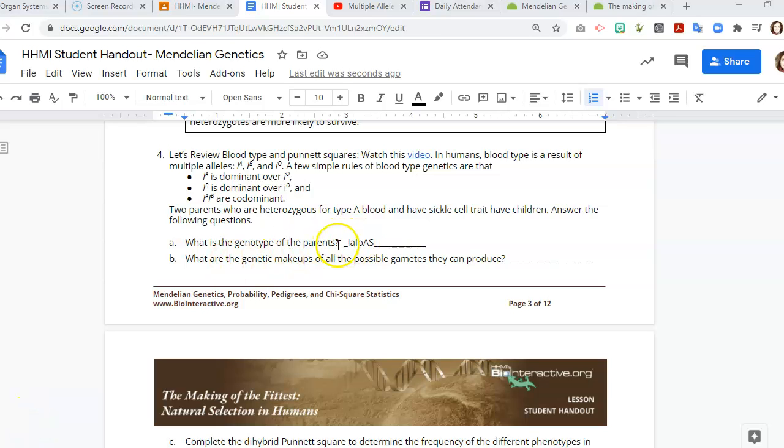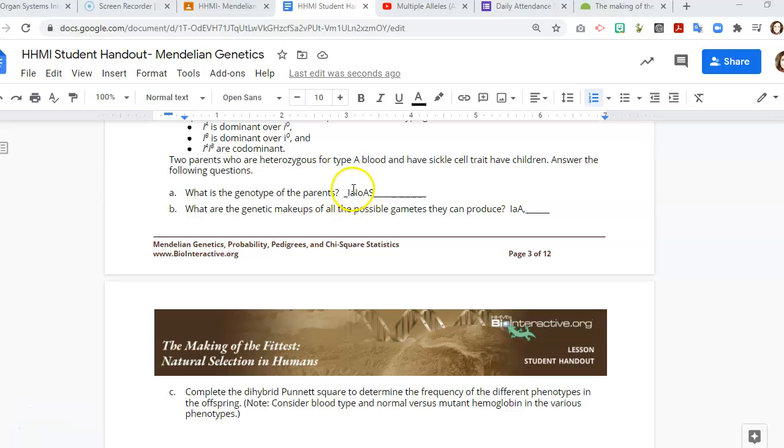In this problem, you would use the FOIL method. Remember, go first. This first trait right here, A type, would pair up with the A. So the first trait is going to be I lowercase a, because that's blood type, but then it's also going to have the A attached to it. So that's your first one.